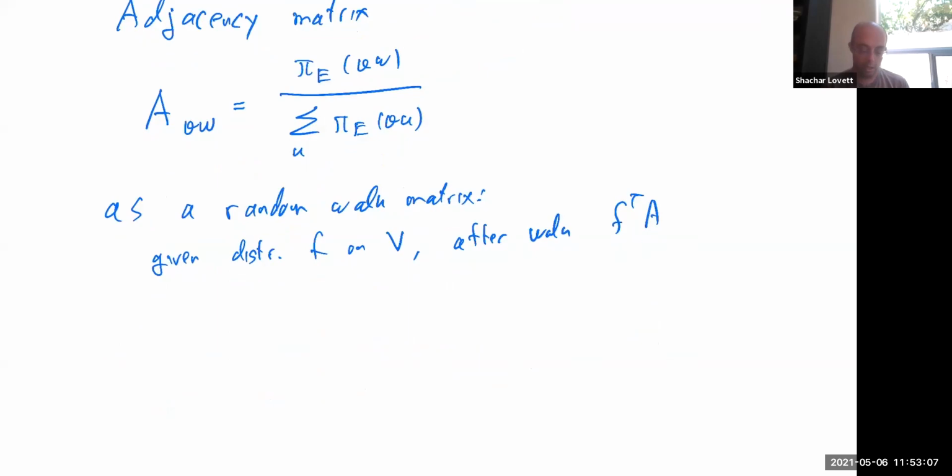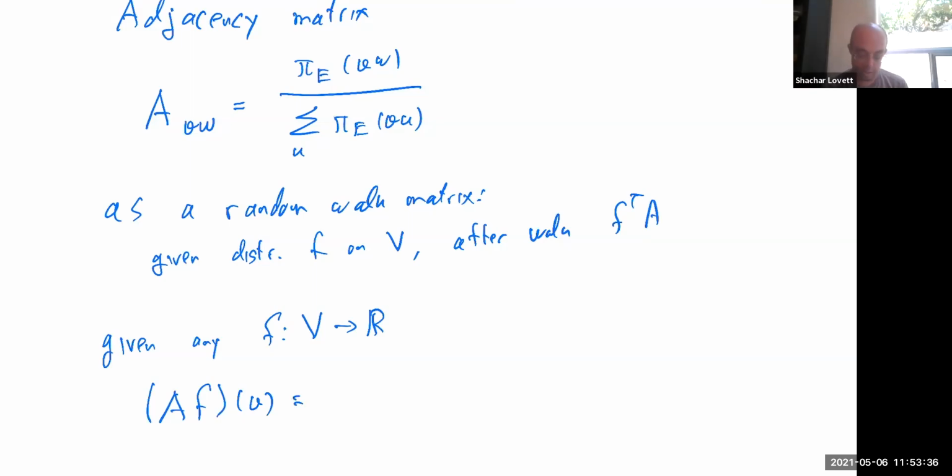So let me just write what it means. What is AF? Given any function, not necessarily a distribution, F from the nodes to R, what is AF? I claim AF is again a function from nodes to the real numbers, and its value on V is exactly going to be the average of its neighbors.